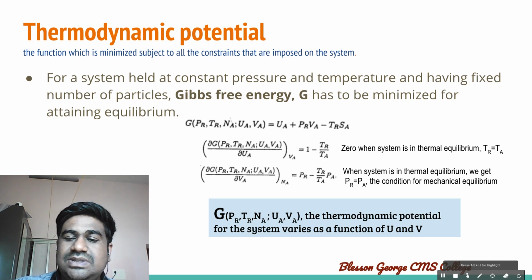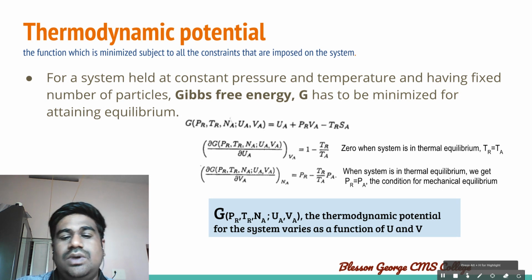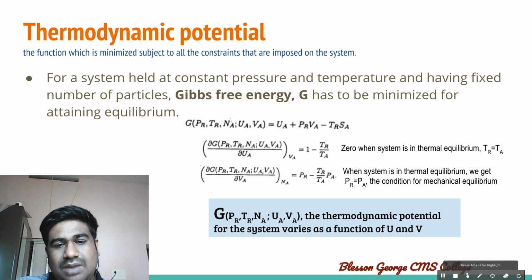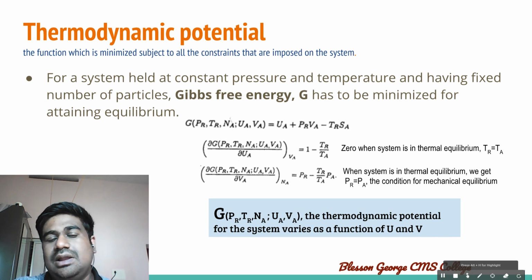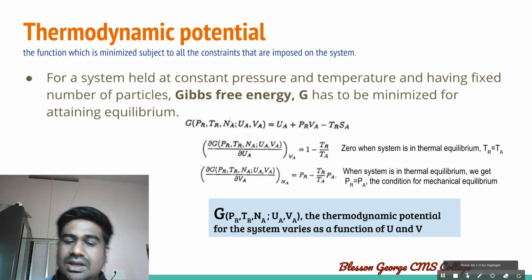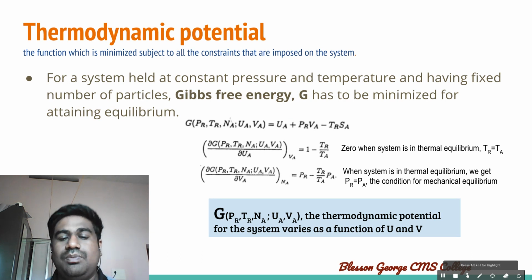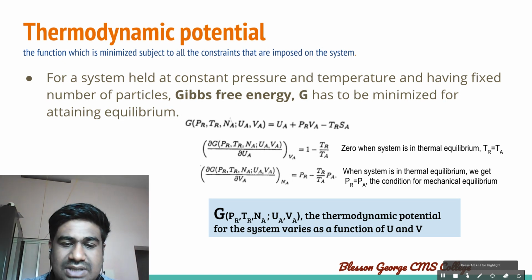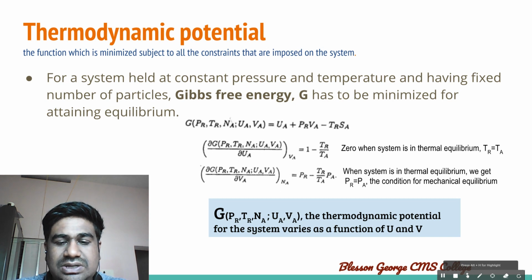So if the system is in thermal and mechanical equilibrium, then dou G by dou V is equal to 0. That means G is minimized. So here G, which is a function of pressure, temperature, number of particles, and which varies with energy and volume, is the thermodynamic potential. The Gibbs free energy is a thermodynamic potential and it varies as a function of U and V.